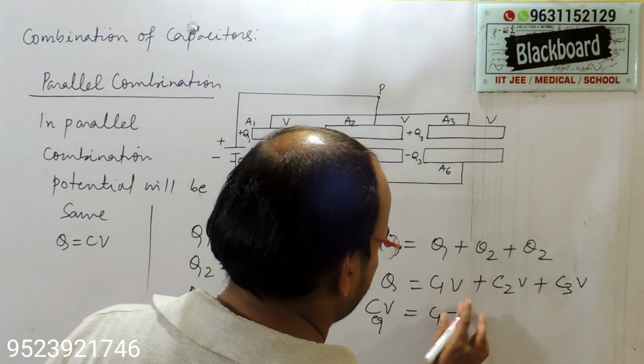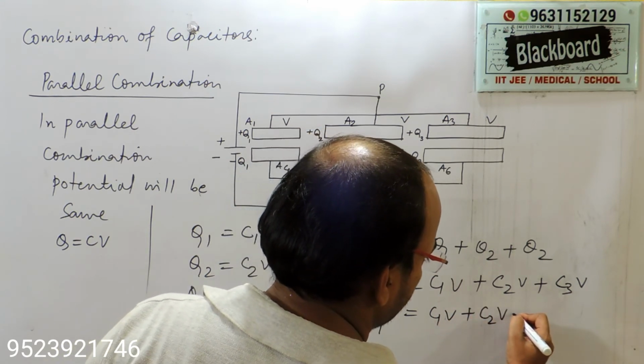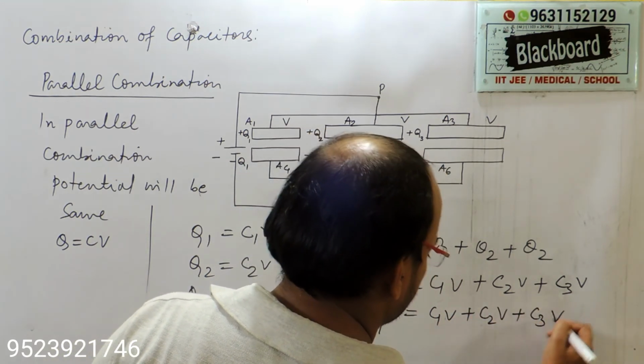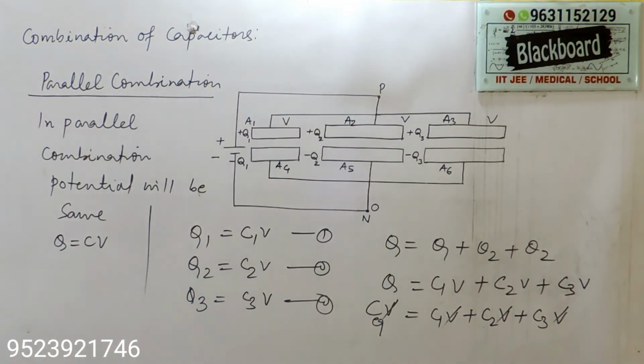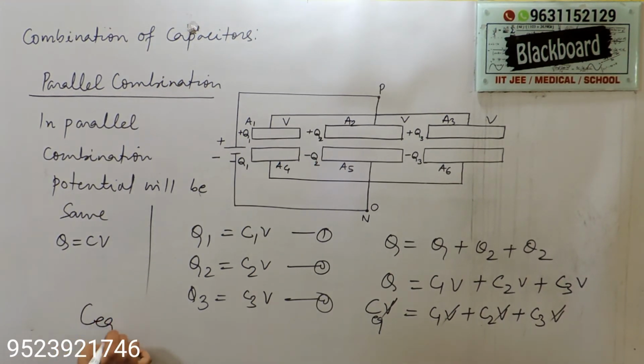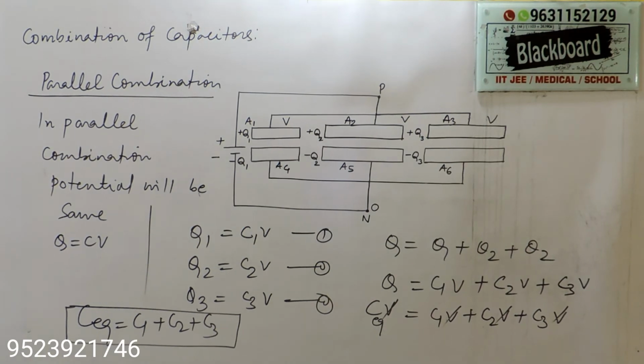That means C1V plus C2V plus C3V. V cancels out, after taking common we will cancel it. That means you can write C equivalent is equal to C1 plus C2 plus C3. This is the formula for parallel capacitors.